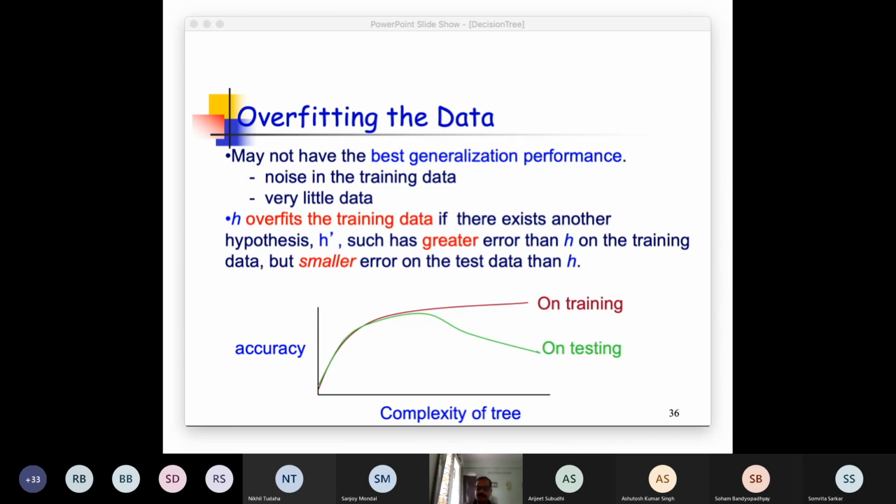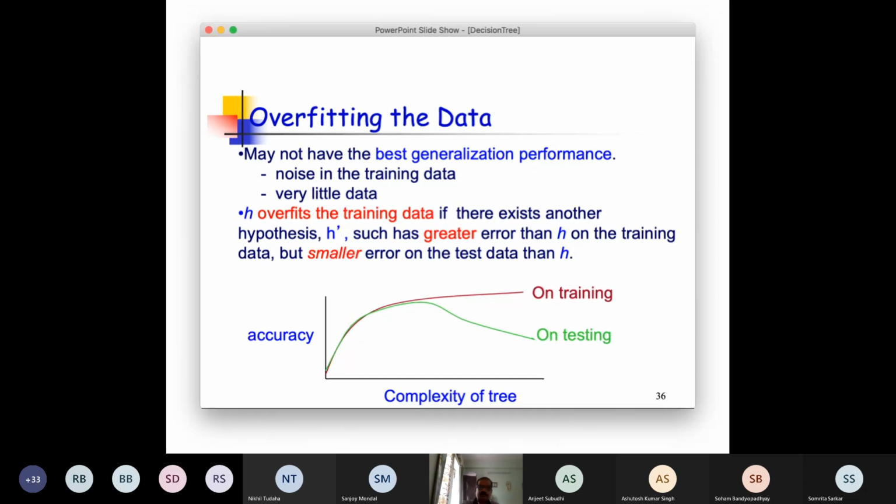Ultimately, our objective is to keep the generalization error also low. So both training and generalization error should be low. That would be a good indication of a particular model. Now, generalization error is also estimated on a particular set of test samples.